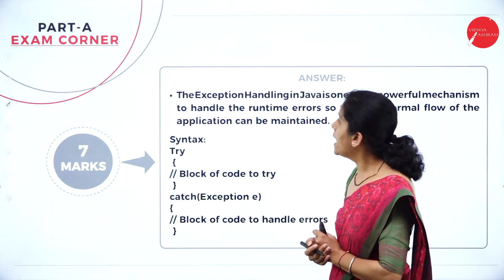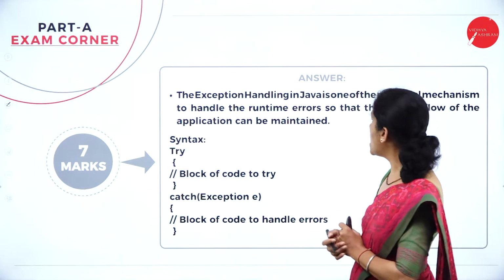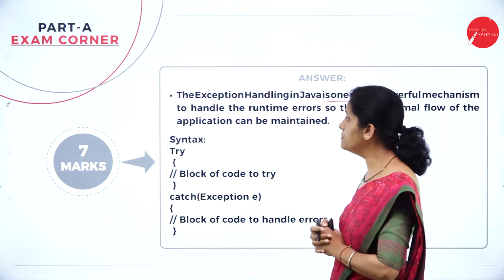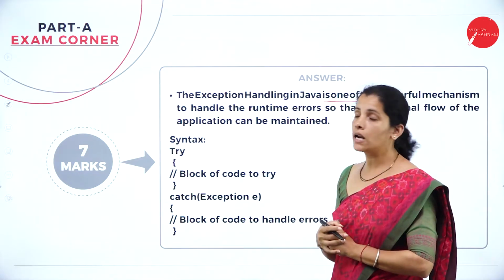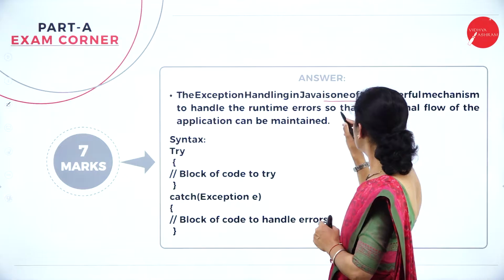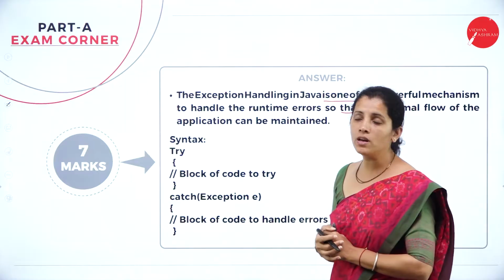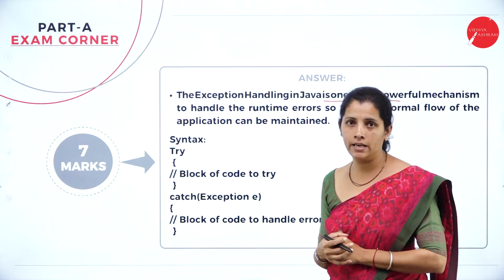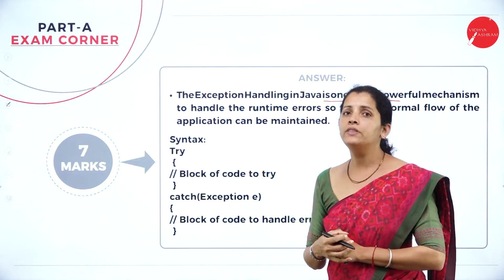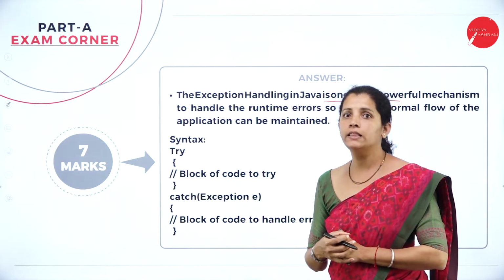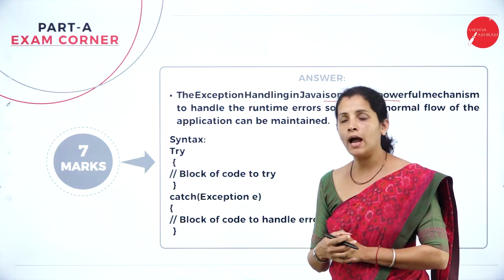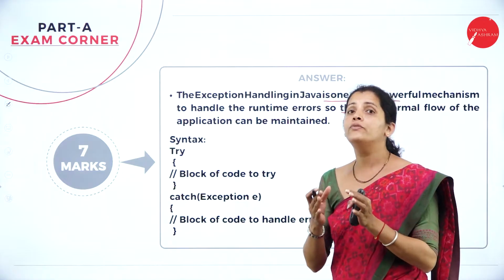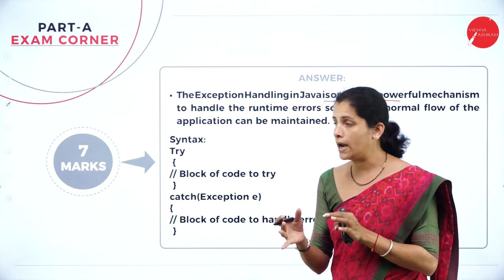So, exception handling in Java is one of the powerful mechanisms to handle the runtime errors so that the normal flow of the application can be maintained. In the sense, if there is any error in the program, what's going to happen? It's going to change the flow of the execution of the program.